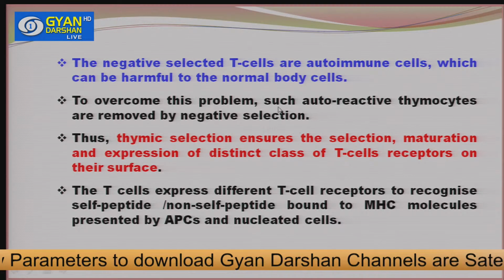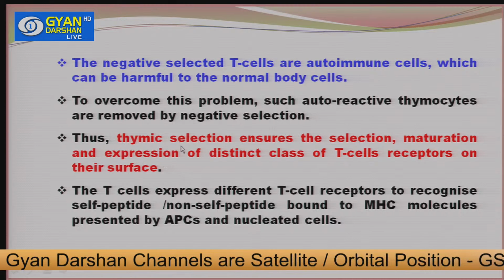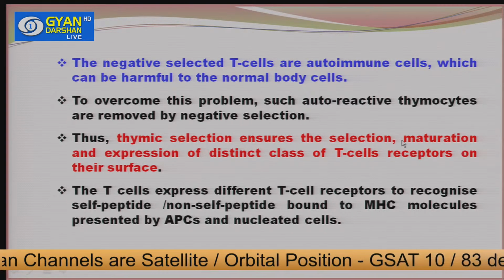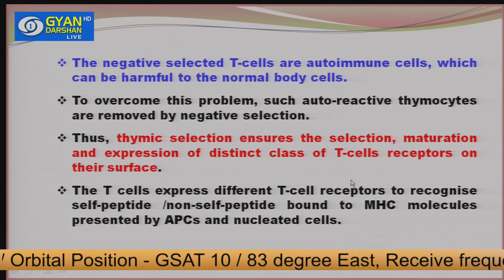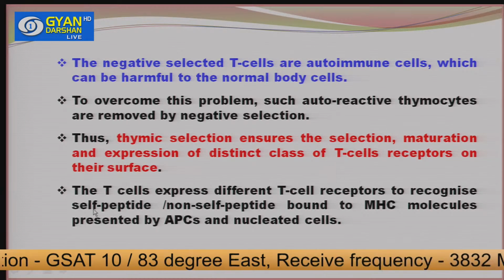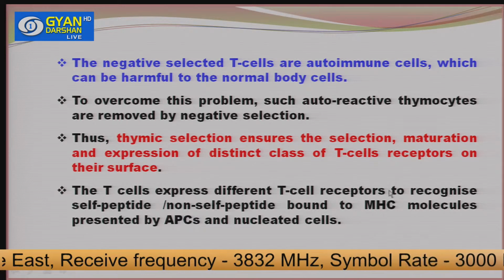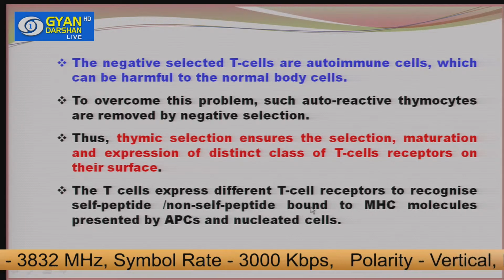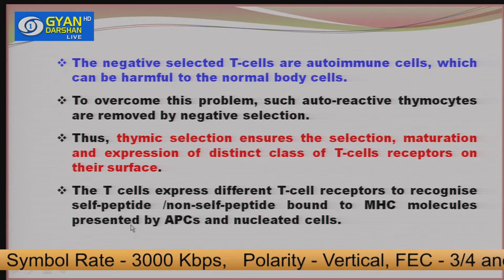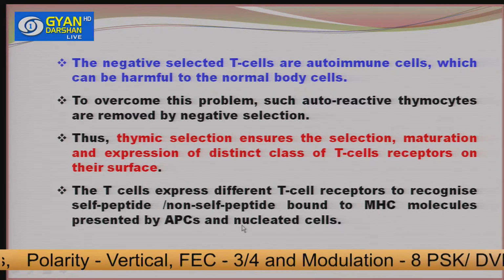By using this, we can overcome these problems, and thus thymic selection ensures the selection, maturation, and expression of distinct classes of T cell receptor on their surface. The T cell expresses different T cell receptors to recognize self peptides and non-self peptides bound to the MHC molecule presented by the antigen presenting cell and nucleated cell.